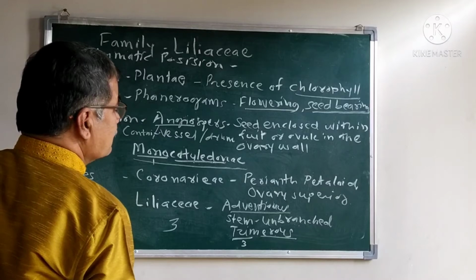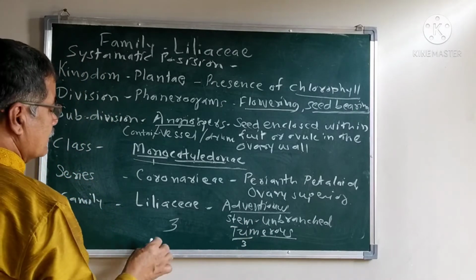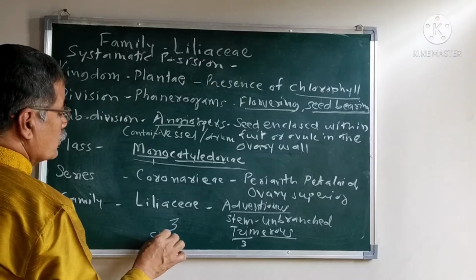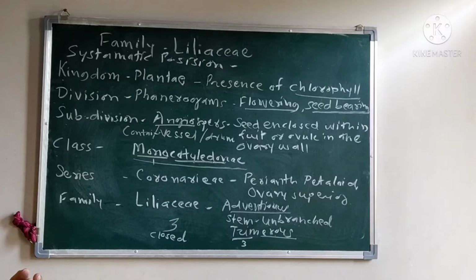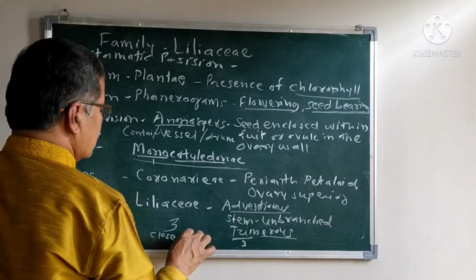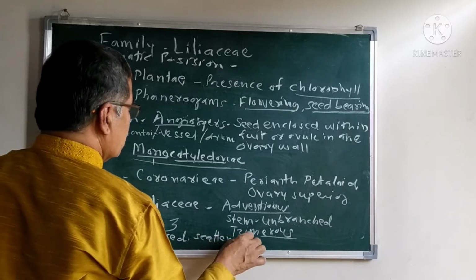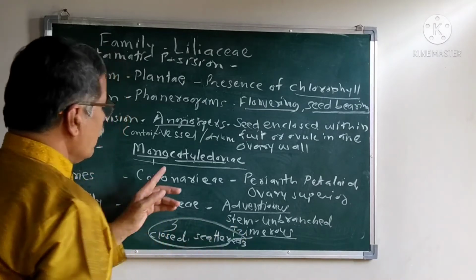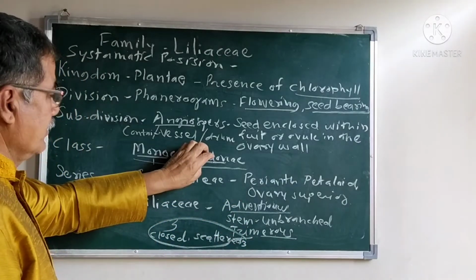The closed type of vascular bundles are present in the stem, and they are not arranged in a ring. They are scattered in the ground tissue. These are the main five characters that come under the monocotyledon.